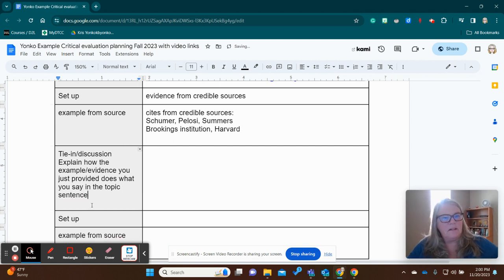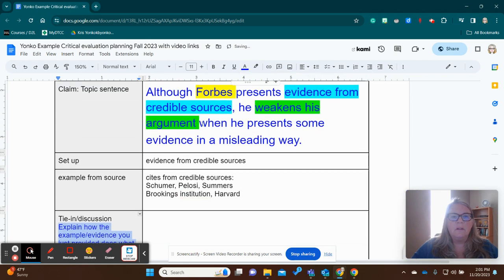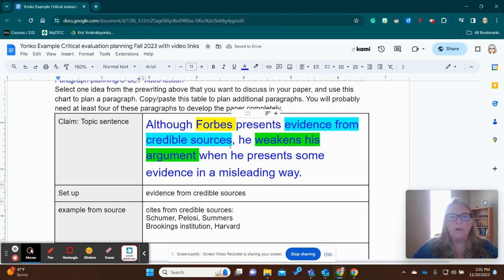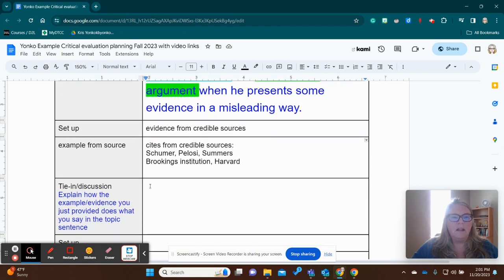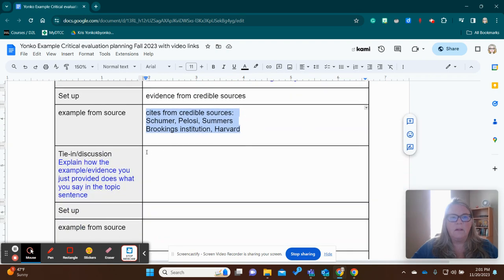So my topic sentence says that using these sources gives him credibility. All right. I'm going to say, how does using sources like these add to his credibility? That's what I'm going to do in my tie-in.